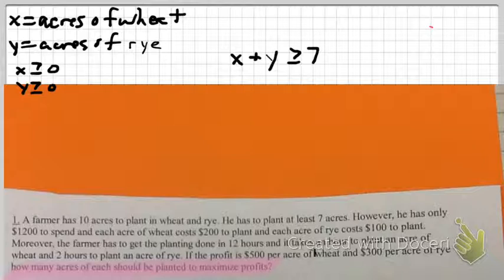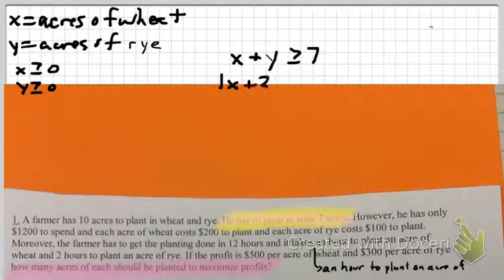Here's another one. The time crunch. 1 hour for an acre of wheat and 2 hours for each acre of rye has to add up to less than or equal to 12.